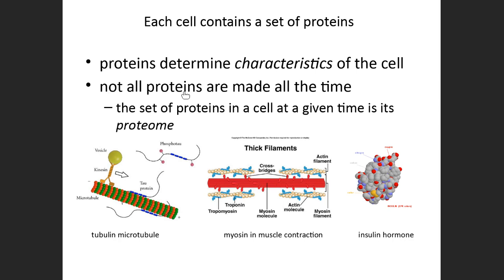Now, in any cell, not all proteins are going to be made at the same time, because if you think about a body, every single cell has the same set of DNA, which means it has the same set of protein instructions. But not all cells are the same. So different cells use different proteins at different times.